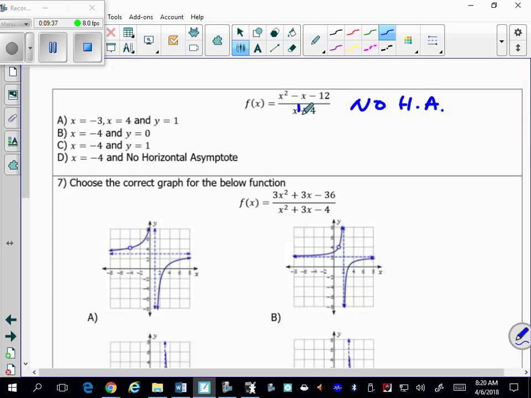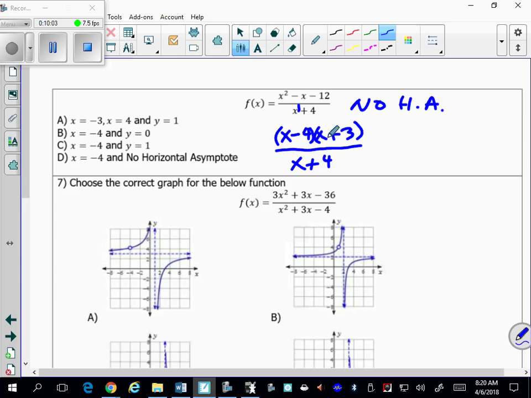Looking for vertical asymptotes, let's factor. So we have x squared minus x minus 12. Well, a term is 1, so we do what 2 numbers multiply to -12 that add up to -1. That's -4, and x plus 3. And in the denominator we have x plus 4. So nothing cancels out, so there's no, that would be a hole.